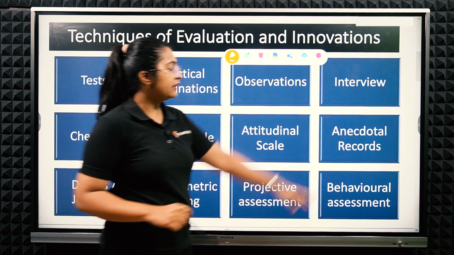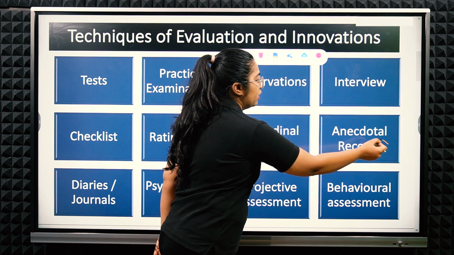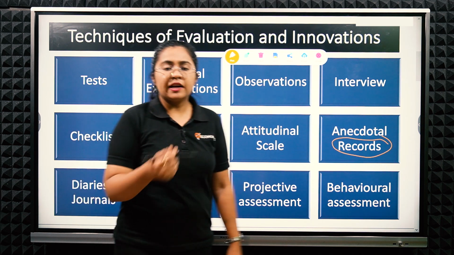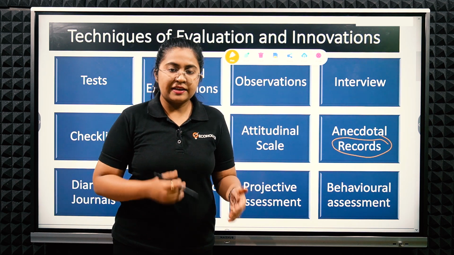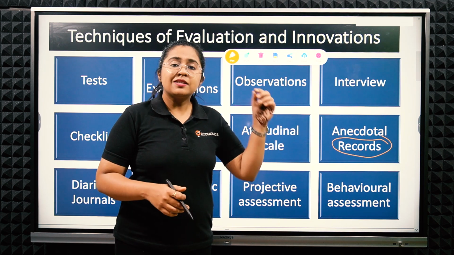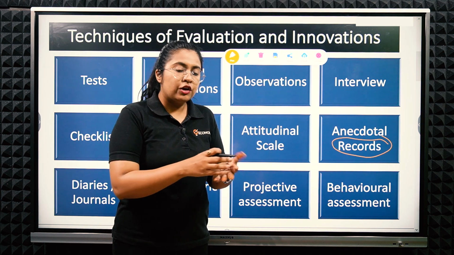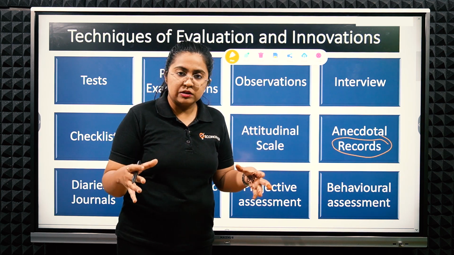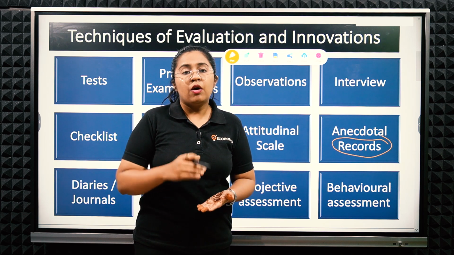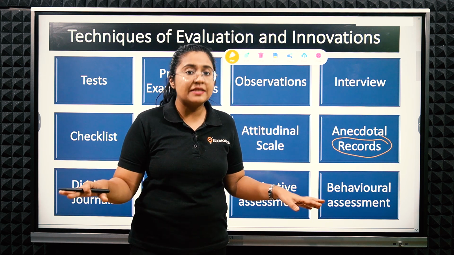And then we have the anecdotal records. Now, you see this word record. Record means, again, a note that can be made by a faculty, by a person in authority, of a certain thing that may have happened. For example, you are observing 10 students in a class, and you have to evaluate them for all the activities that they did the whole semester.